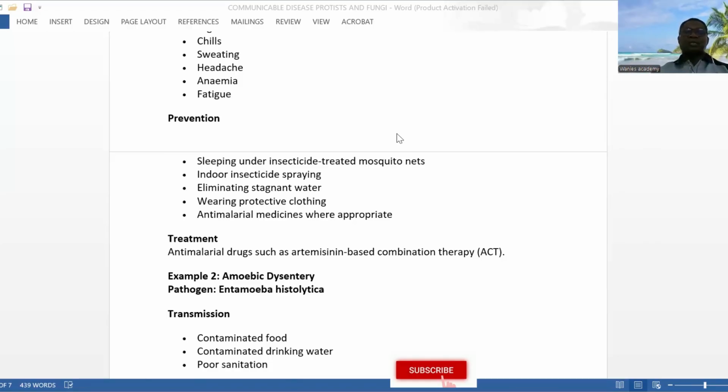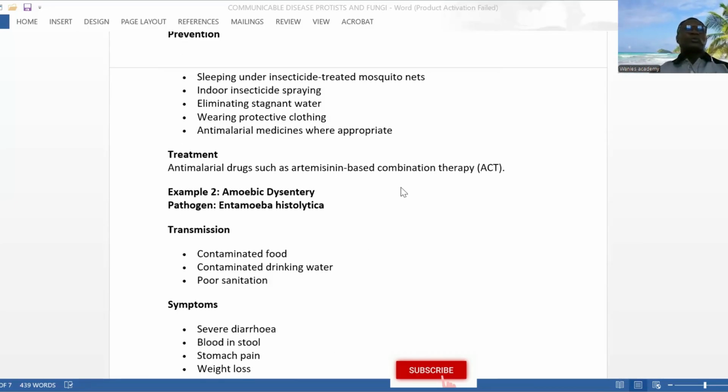Mosquito nettings, protective clothing, and even creams that can prevent mosquito bites can be used. It can also be treated by using anti-malaria drugs, such as artemisinin-based combination therapy. Such measures will prevent the spread and destroy the pathogen.